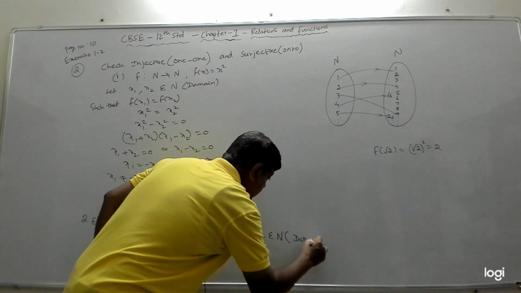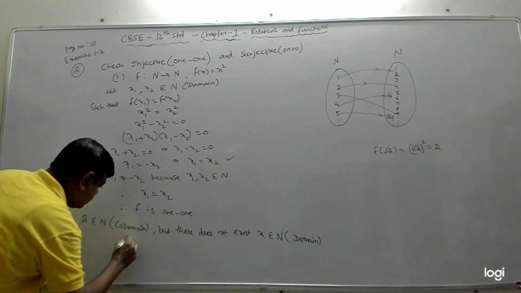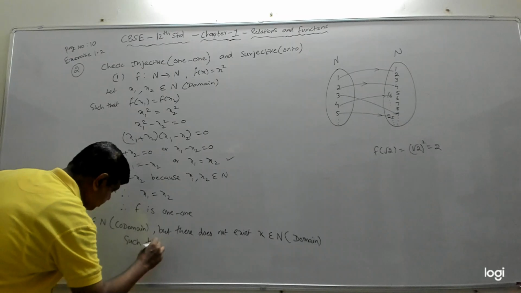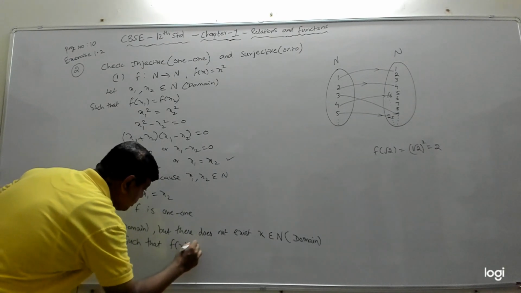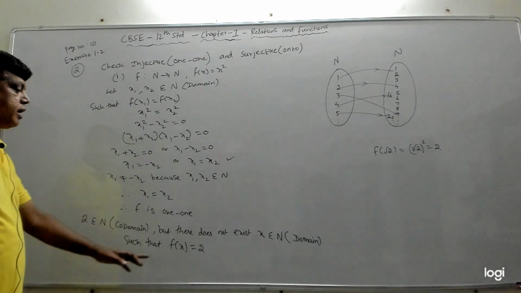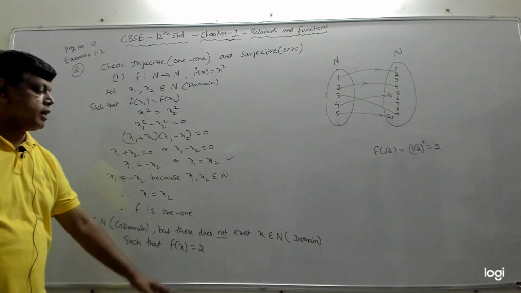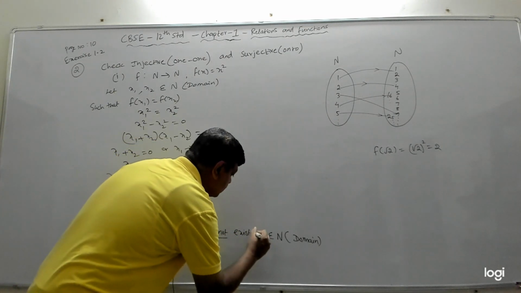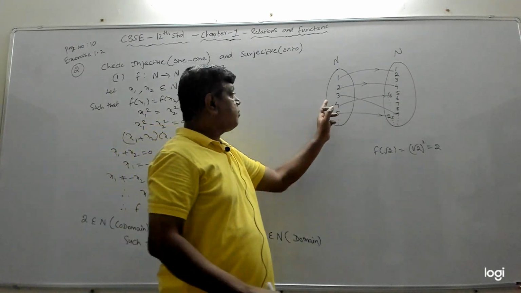In the domain there is no element such that f of x equals 2. We cannot find any x such that f of x will map to 2.